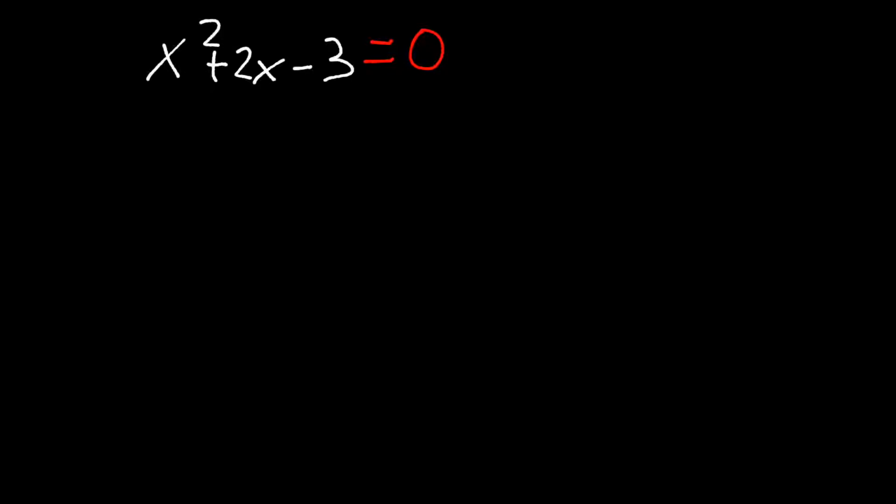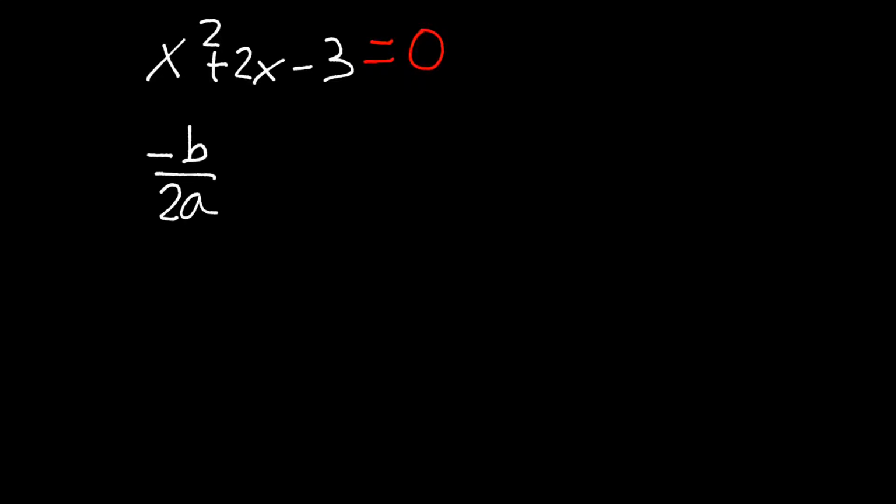So, to start off with, we want to find the vertex. The vertex is either the highest or the lowest point in our quadratic equation. And the way we find that is by using the expression opposite of b divided by 2a.